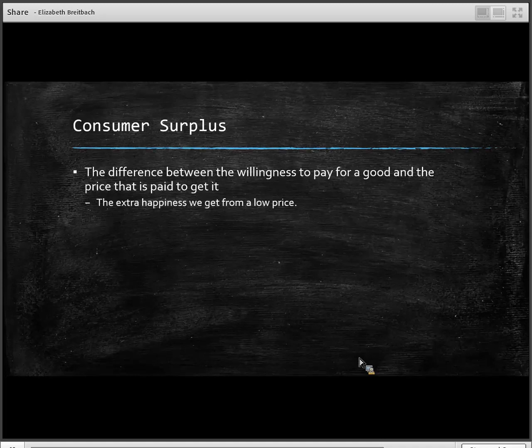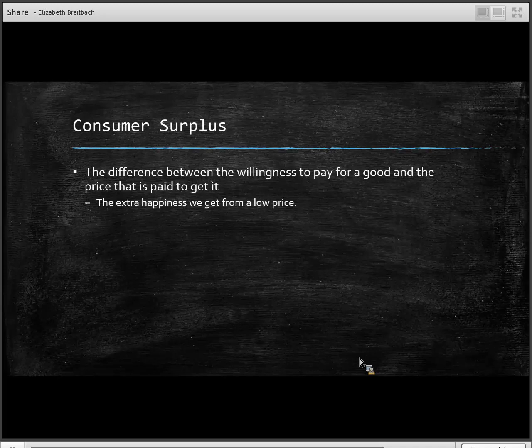The way we calculate this is the difference between the willingness to pay for the good and the price that we actually pay for it. We can think about the price that we're actually going to pay as the equilibrium price. So equilibrium price and equilibrium quantity are going to play very important roles as we're calculating our market surpluses.